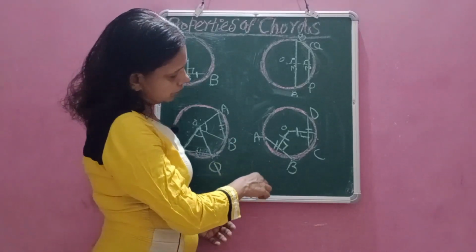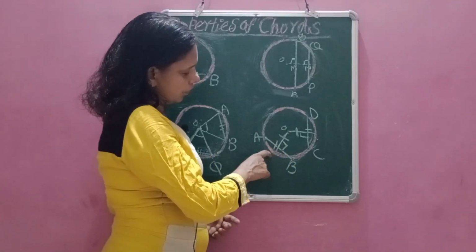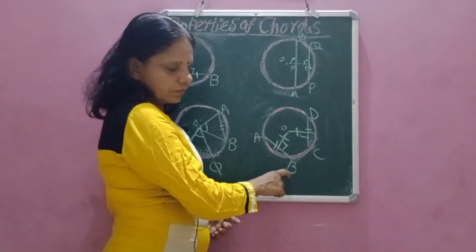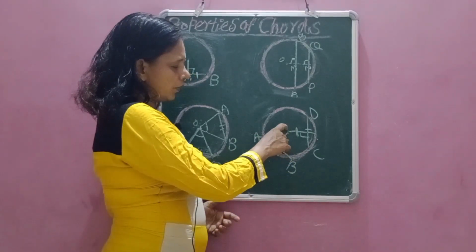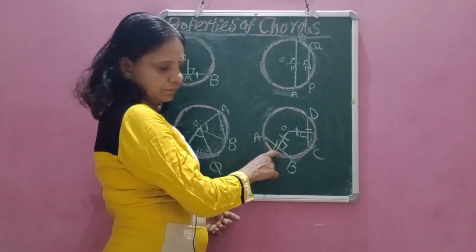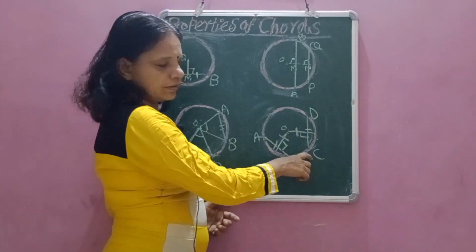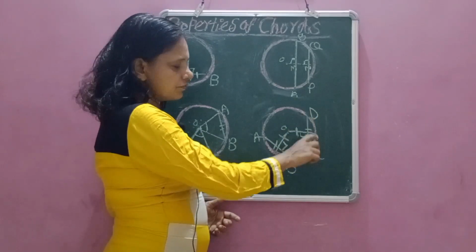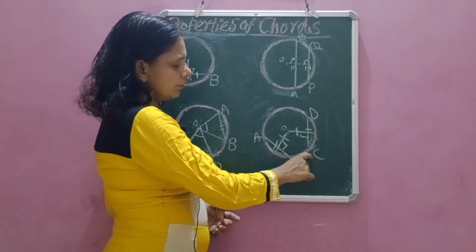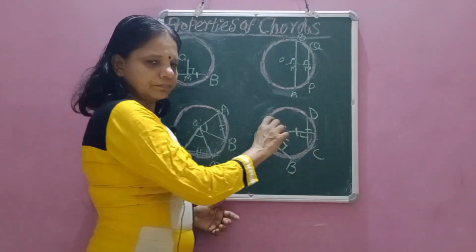So here segment OM is perpendicular to AB. Therefore, the distance of the point O from AB is the length of the segment OM. And ON is perpendicular to DC. The distance of the point O from the line DC is the length of segment ON.